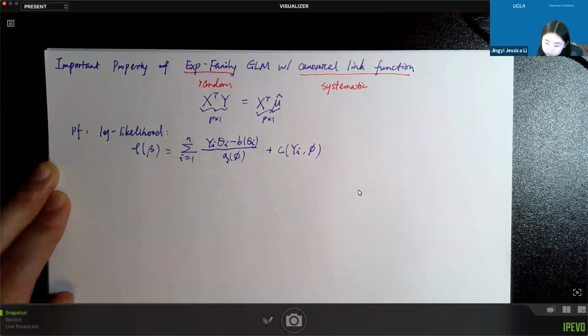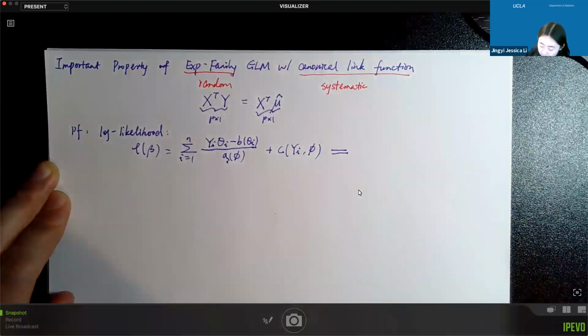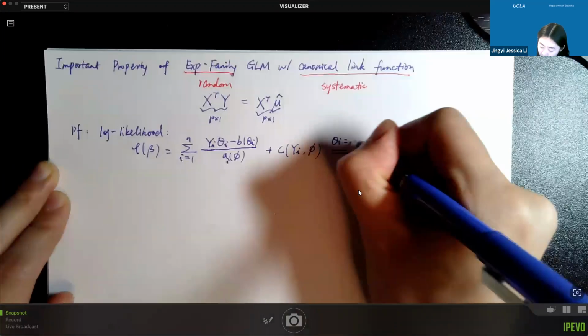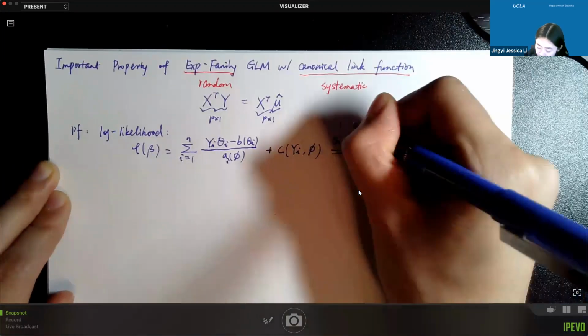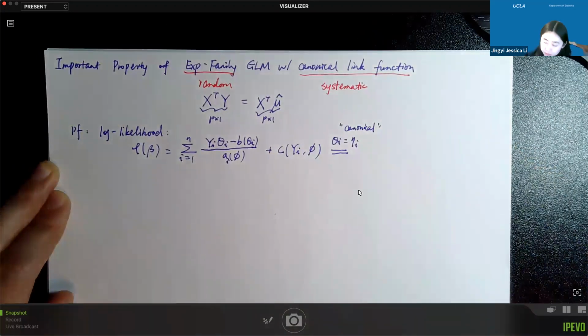That's our assumption. Okay, then given this likelihood function, and given that we have the canonical link function, we are assuming theta i equals eta i. This is what we mean by canonical. And eta i is what we call the linear predictor.